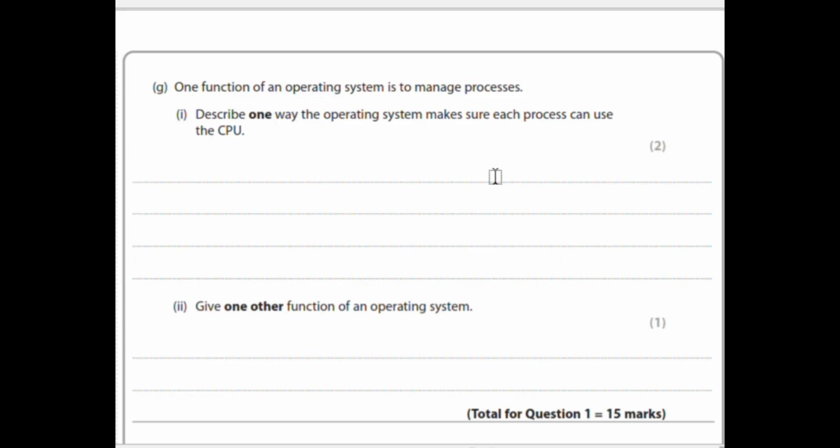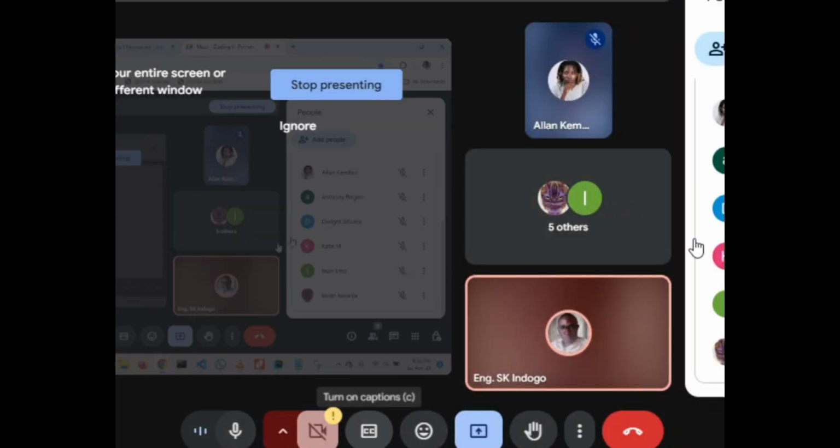Then the cycle repeats itself, and all this happens at a very high speed. You might think that the OS is doing it simultaneously, but in real sense it is not. It is one process at a time, but because it's at a very high speed, from our human understanding, we think that it does it simultaneously.